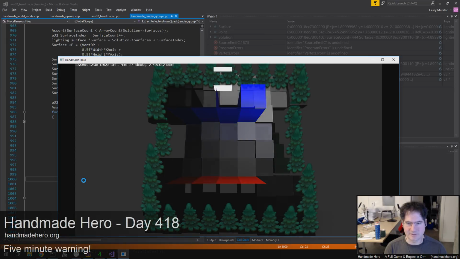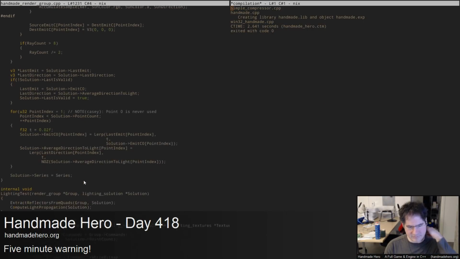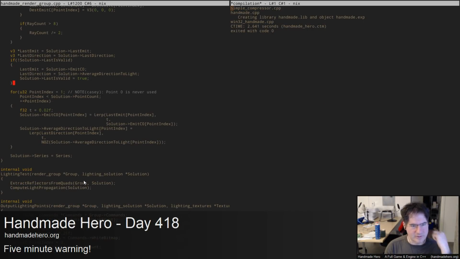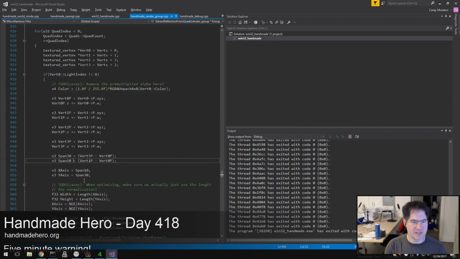Something is weird about my lighting startup. It's not actually obeying that last is valid. And I don't know why. Did I do something stupid here? What did I do wrong? I want to go step into that. Hold on one second. Is this value not cleared or something? Because I thought they were all cleared, but maybe they're not cleared.